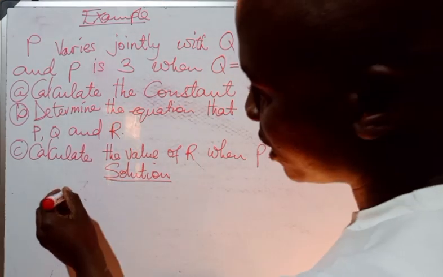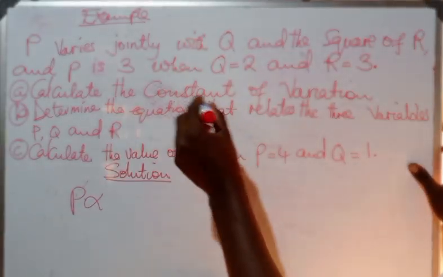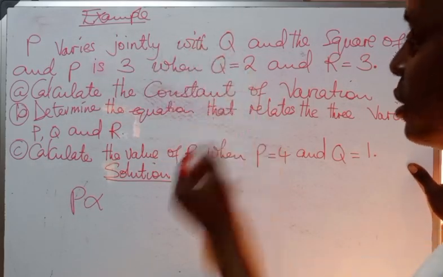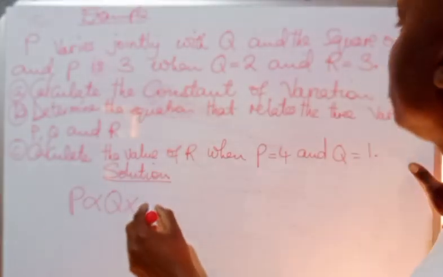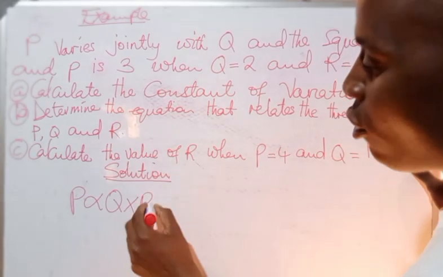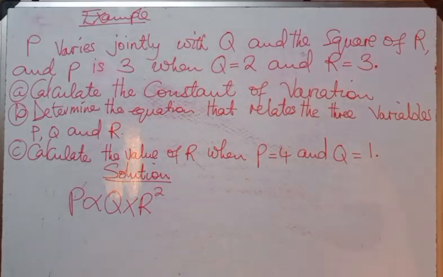So we are told that P varies jointly with Q, meaning I put times the square of R. So the square of R will be R squared. That is what we have.